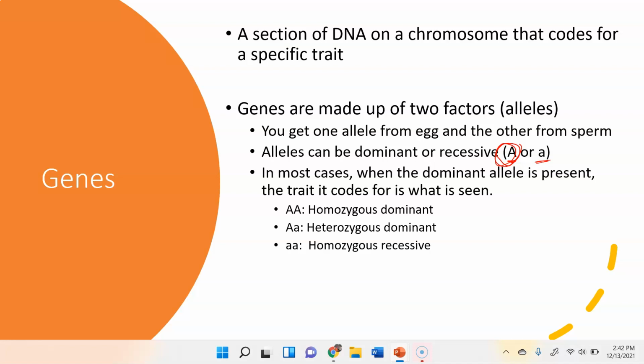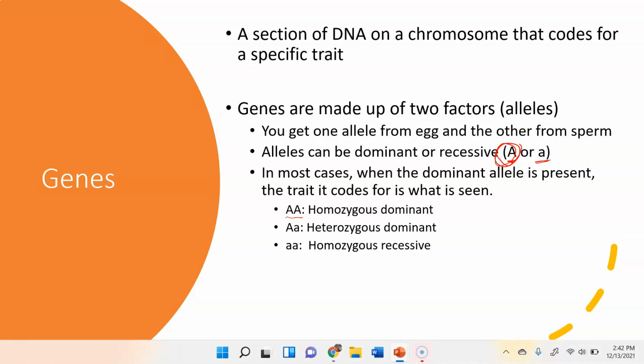When we have two different alleles, there are three different combinations that could occur. We can have big A, big A, which is called homozygous dominant. Homozygous means the same, dominant meaning they're both the dominant allele.